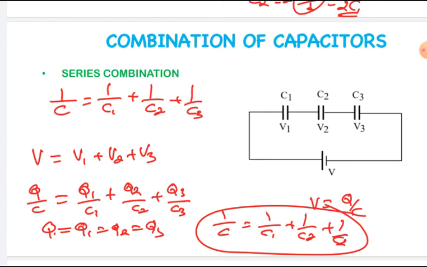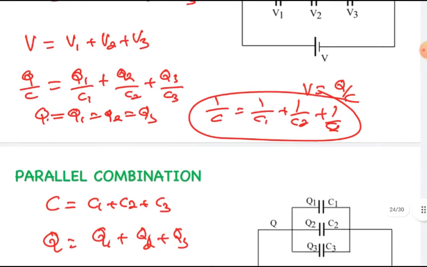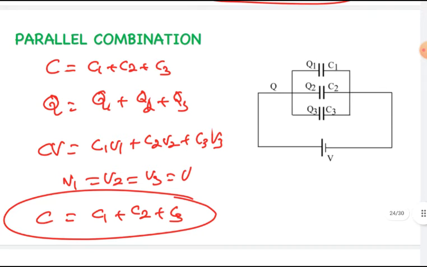In all these situations Q is the same, that is Q is equal to Q1 is equal to Q2 is equal to Q3. So the answer will be 1 by C is equal to 1 by C1 plus 1 by C2 plus 1 by C3. In parallel combination, the answer should be C is equal to C1 plus C2 plus C3, and then Q is equal to Q1 plus Q2 plus Q3.